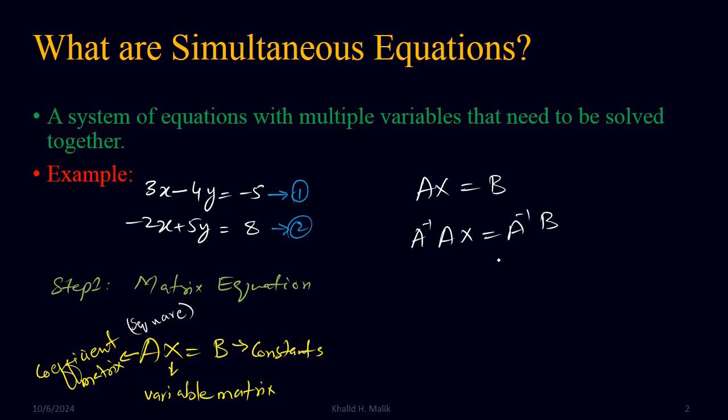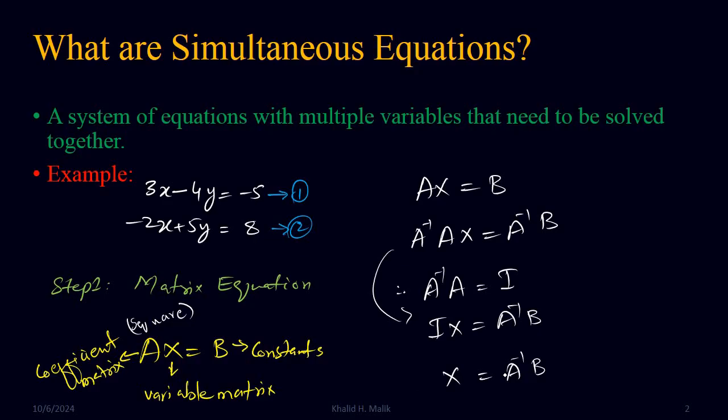A inverse A becomes the identity matrix, so we get IX is equal to A inverse B. If we multiply a matrix by the identity matrix, it becomes the same matrix. So we have X is equal to A inverse B.